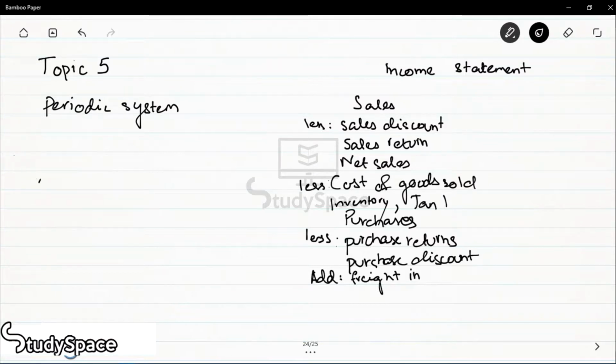Freight in is referring to our FOB shipping point. After adding our freight in, that would give us cost of goods available for sale.